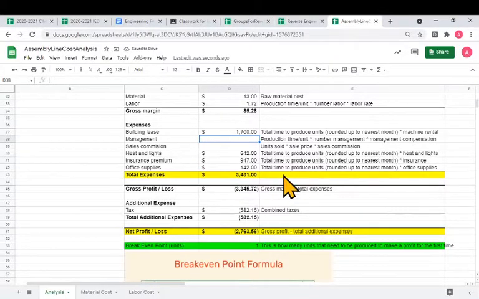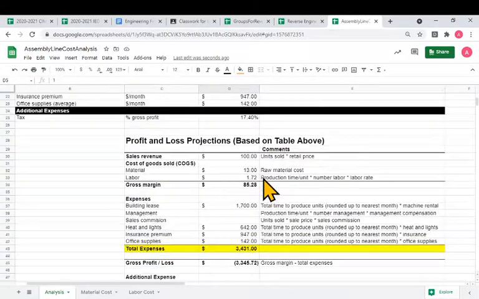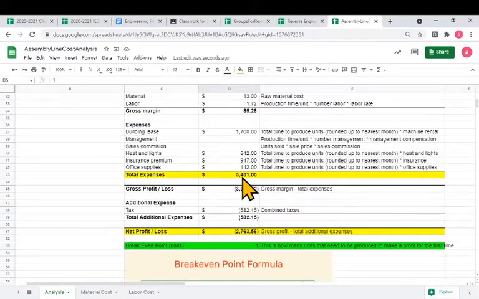And when we do that, since we still only have 1 unit that we're producing per month right now, we'll see that the total expenses per month, the flat rate, is going to be $3,431, okay? Now that should stay constant regardless of how much we make, as long as we're producing it in less than a month.